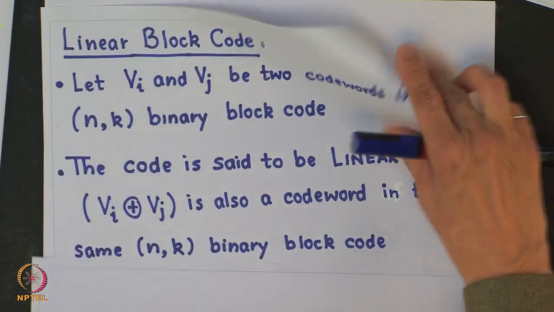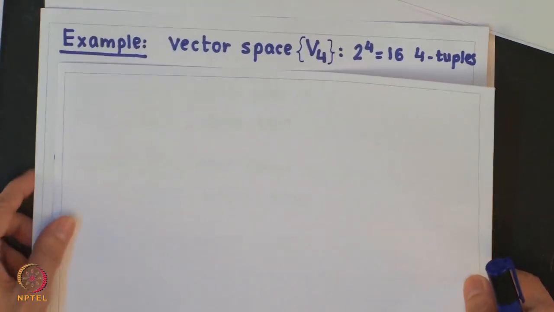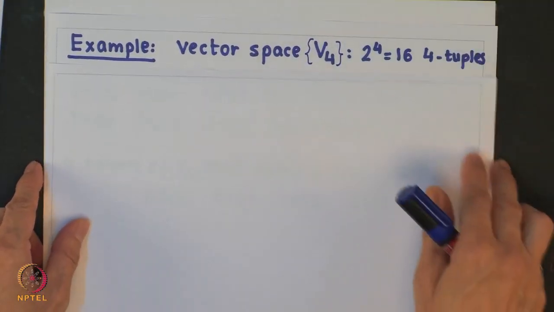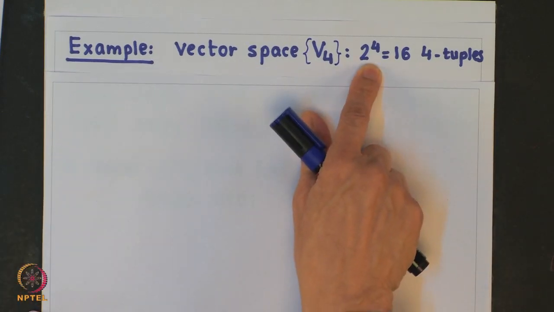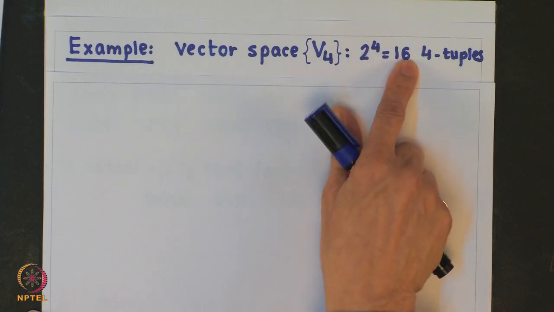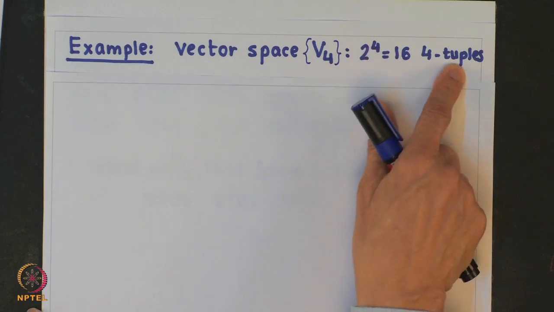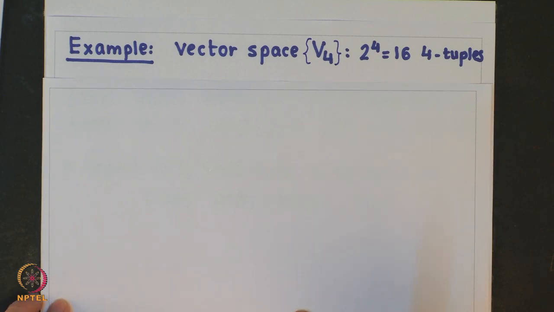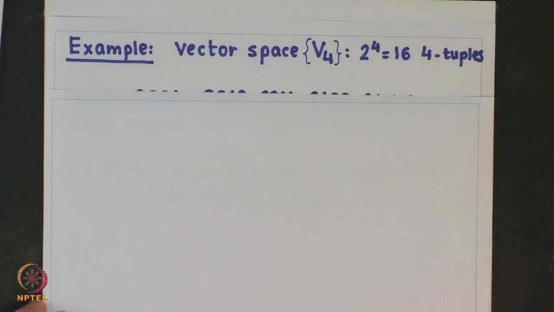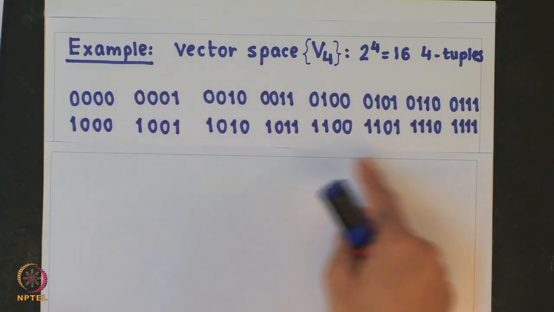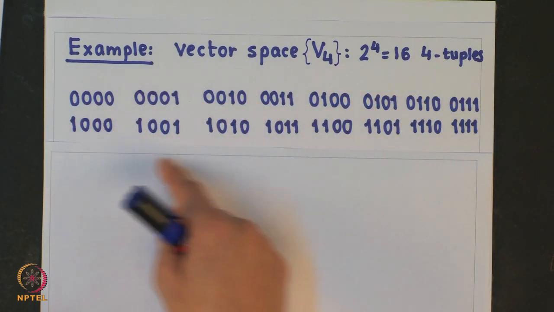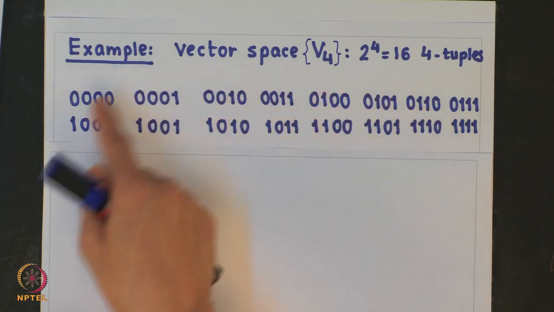If this condition is satisfied for any block code, then we say that the block code is a linear block code. An example of that would be, let us consider a vector space V4, which denotes that there will be 2 raised to 4, that is 16, 4 tuples. The length of each of the vectors here is 4 bits, and these are all the 4 bit vectors which we can form.